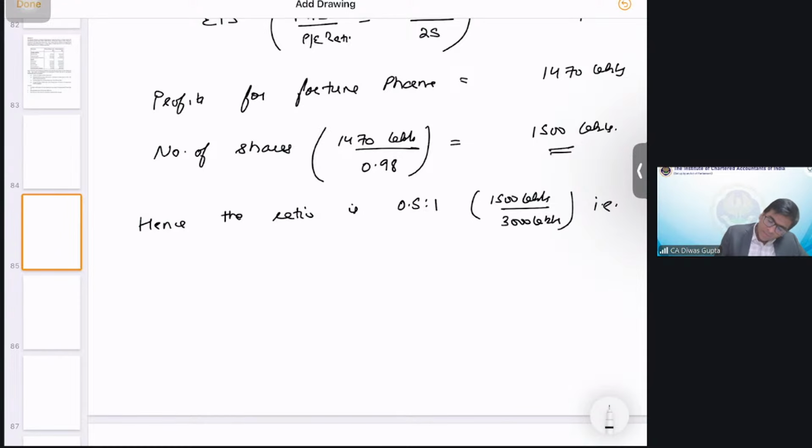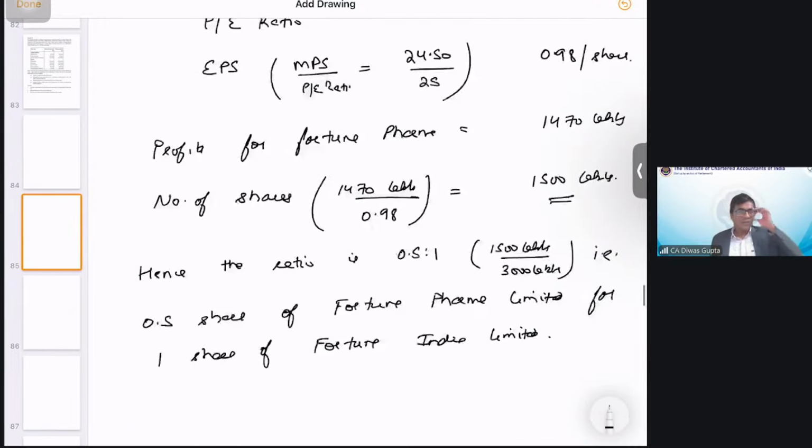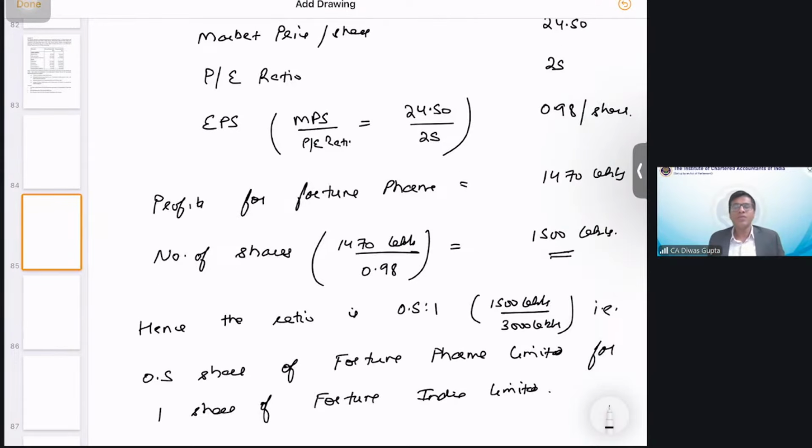That is 0.5 share of Fortune Pharma Limited for 1 share of Fortune India Limited. Clear? So this is how we have calculated the number of shares.